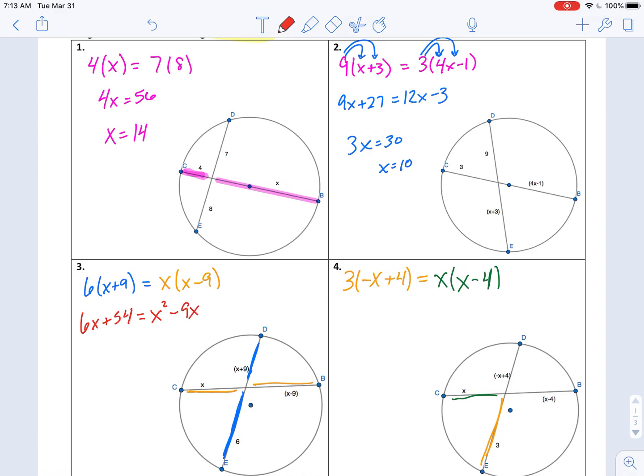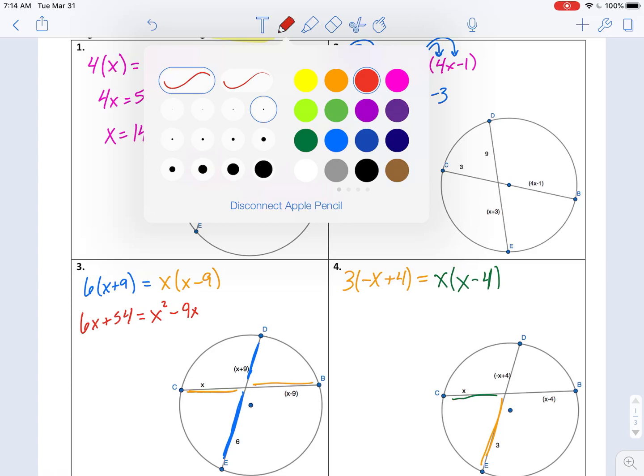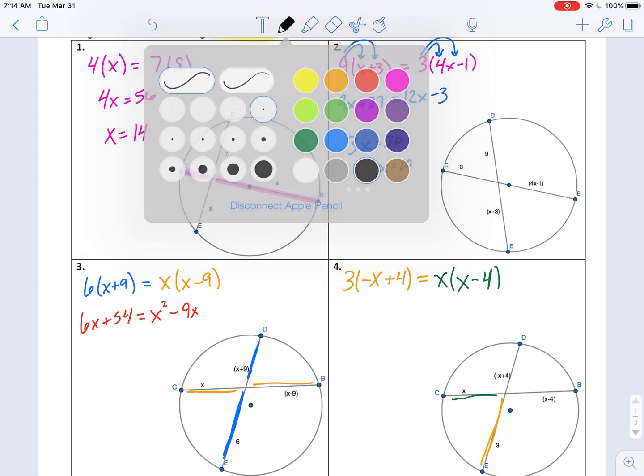Again, we'll have to distribute, so 6x plus 54 equals x squared minus 9x. And we're going to end up factoring these last two problems here. So here's what we're going to end up doing. We want to get everything on one side of the equal sign. So I want to get this stuff over there.